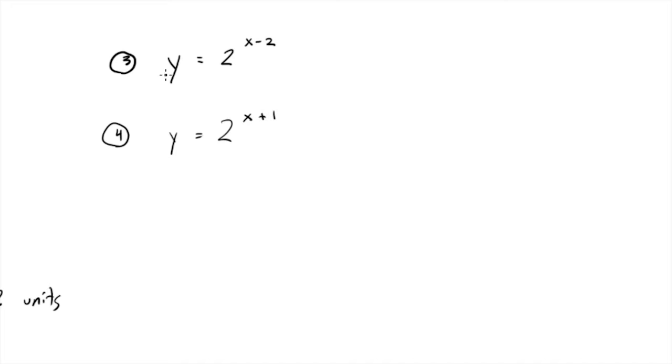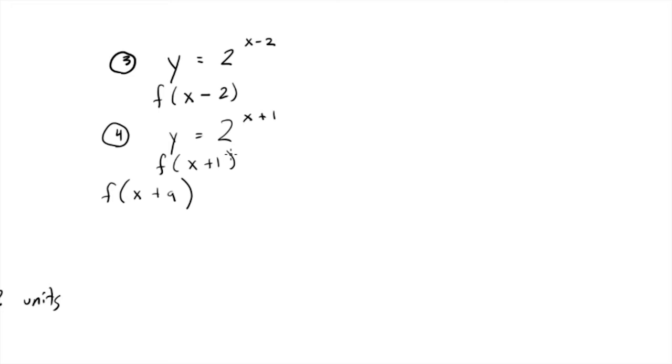So here in case 3, we see that we are subtracting 2 from that x, and in case 4, we're adding to that x. So we'd be writing then our function of x plus a would give us a new type of translation. So in case 3, we have our function of x minus 2, and in our case 4, we have our function of x plus 1.